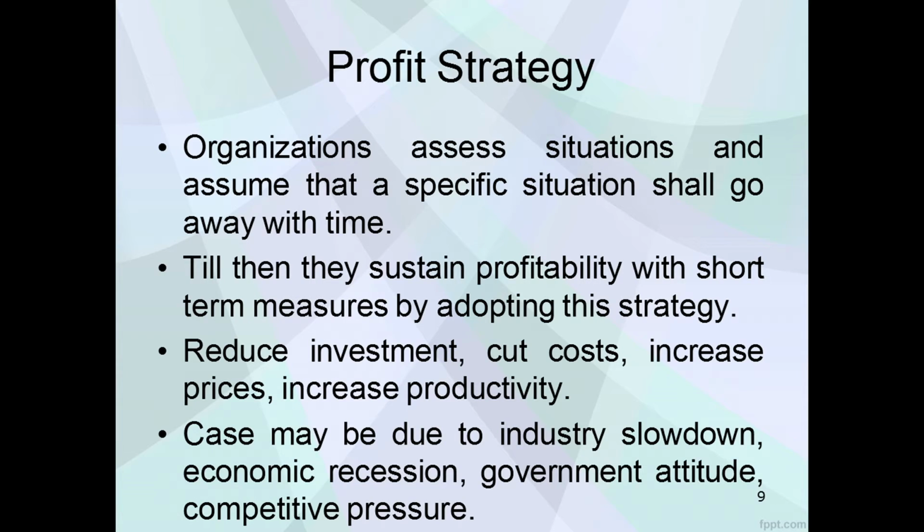Retrenchment is of three types: turnaround, divestment and liquidation. In turnaround, the aim is to reverse a negative trend. This happens when you see consistent negative cash flow, negative profit, declining market share or mismanagement.